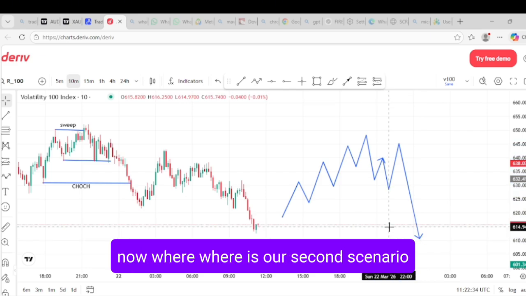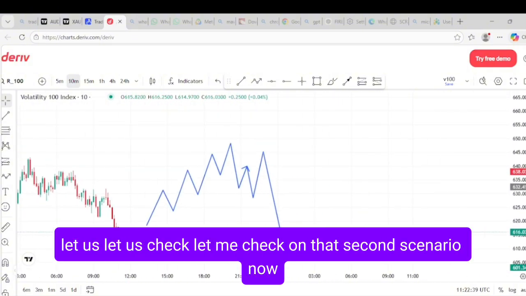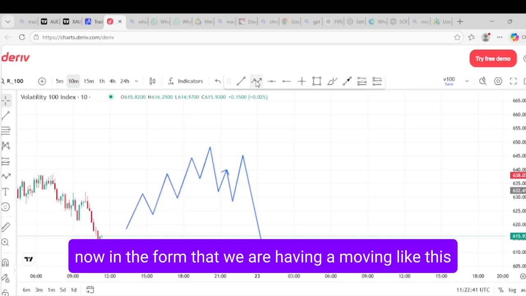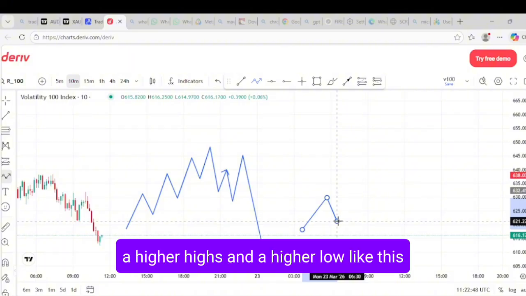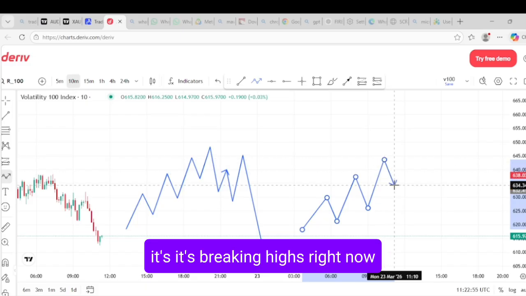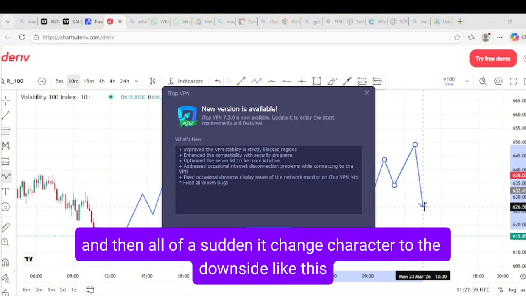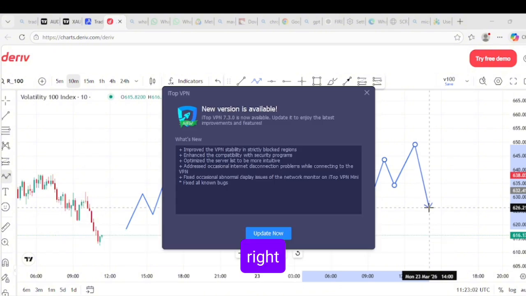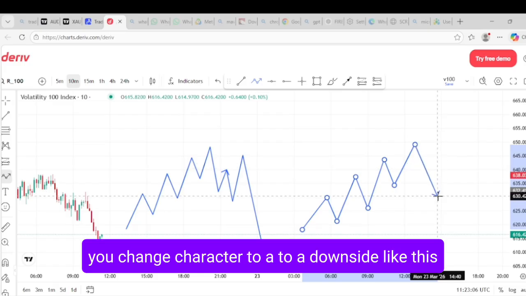Now, where is our second scenario? In this form, we are moving in an uptrend, forming higher highs and higher lows, breaking highs. Then all of a sudden it changes character to the downside like this.